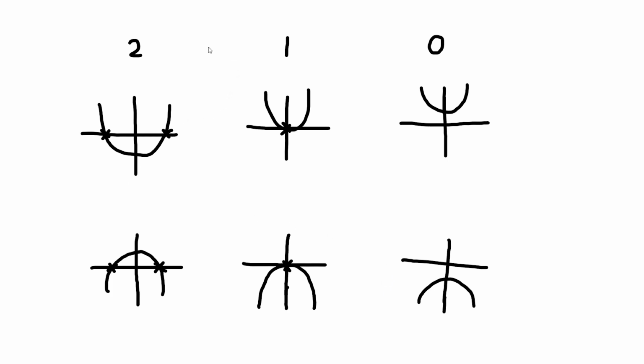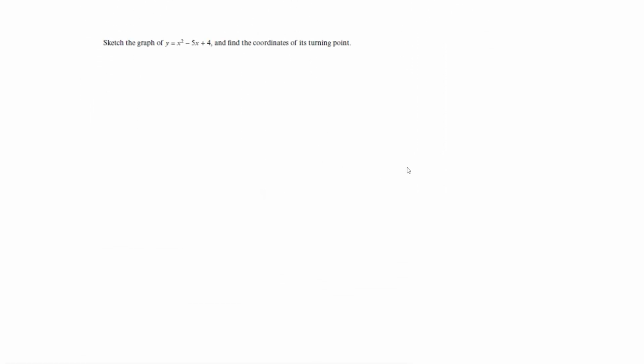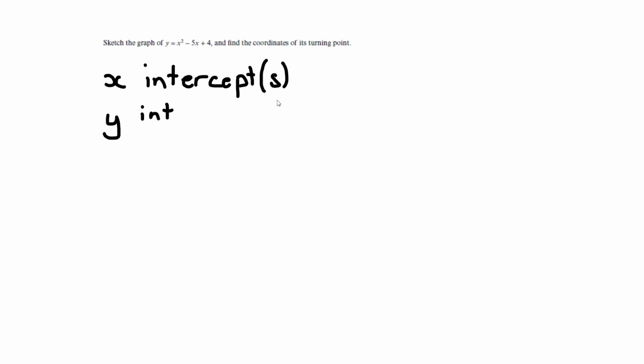So that's something important that we need to know when sketching graphs. So let's actually sketch a graph, right? The points that we want are the x-intercepts, because we could have two real solutions, one real solution, or we might not even have any x-intercepts if we have no solutions.